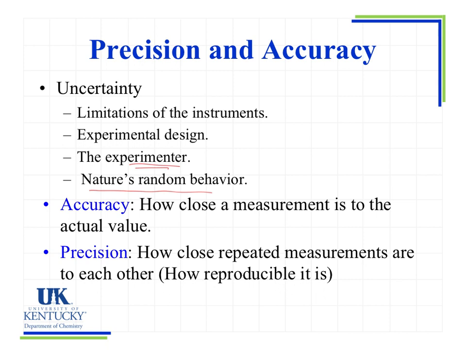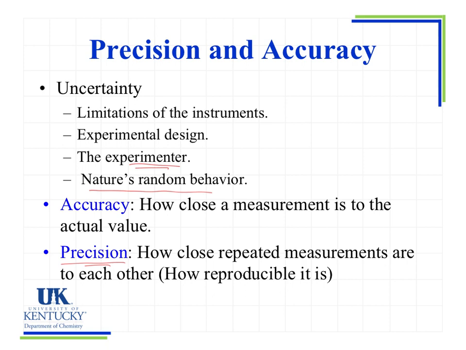But what is precision? Precision is how close repeated measurements are to each other. So I give you the sample and I want you to weigh it 4 times. If your 4 measurements are very close together, it means your measurement is precise.